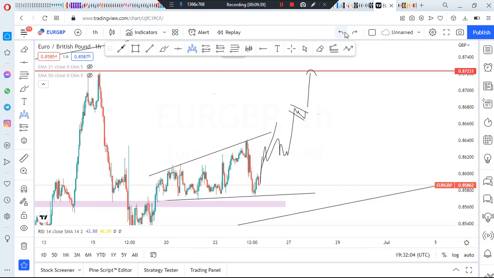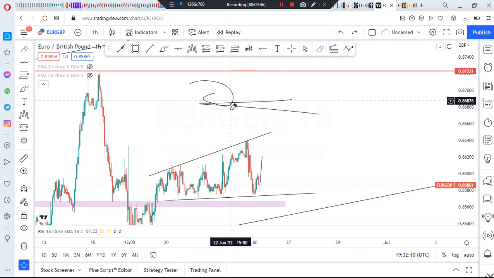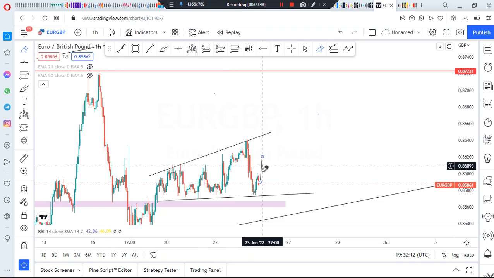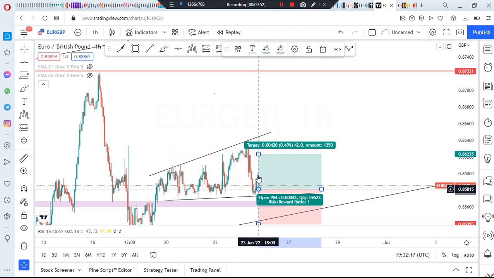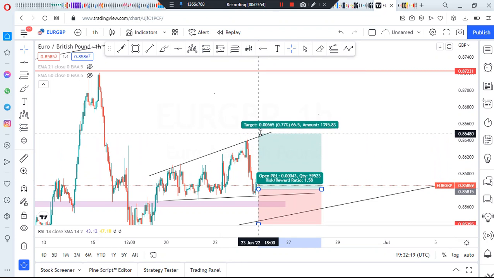Let me just move this. Okay, so from this area you place your buy position, targeting this high.